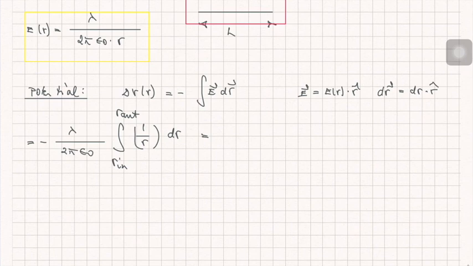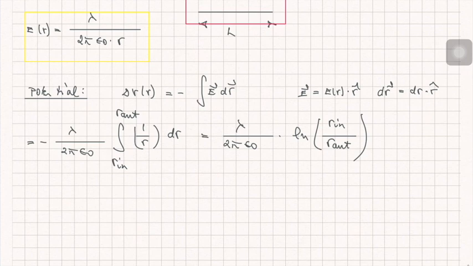You can change the order of that, write this as a ratio, and then you can reflect this with a change of the minus sign. So overall we get lambda divided by 2 pi epsilon naught times the natural log of r in divided by r out.